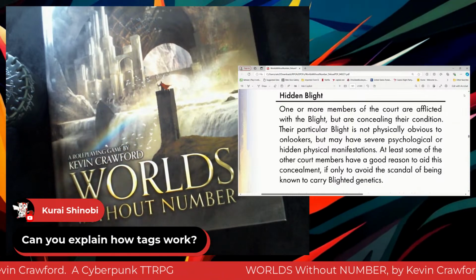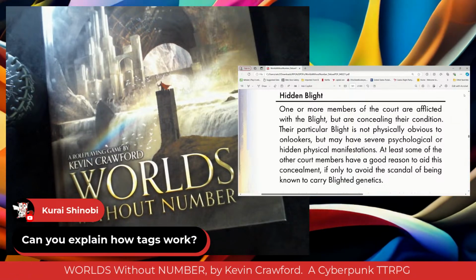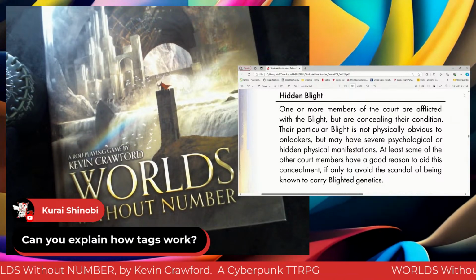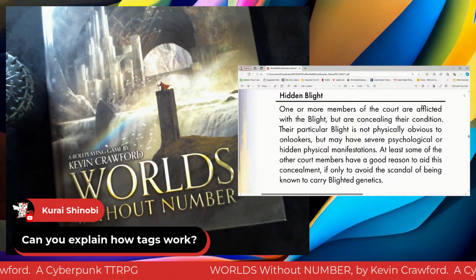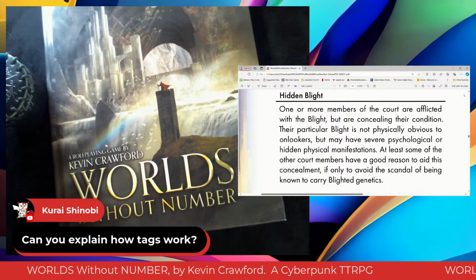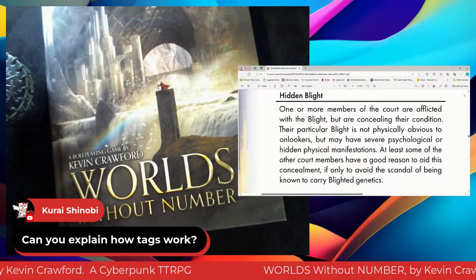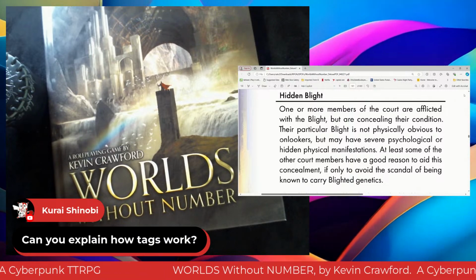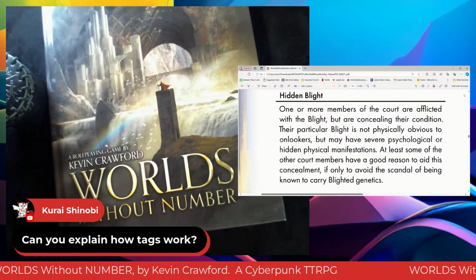So a hidden blight is, little small paragraph here: one or more members of the court are afflicted with the blight, but are concealing their condition. Their particular blight is not physically obvious to onlookers, but may have severe psychological or hidden physical manifestations. At least some of the other court members have a good reason to aid this concealment, if only to avoid the scandal of being known to carry blighted genetics.